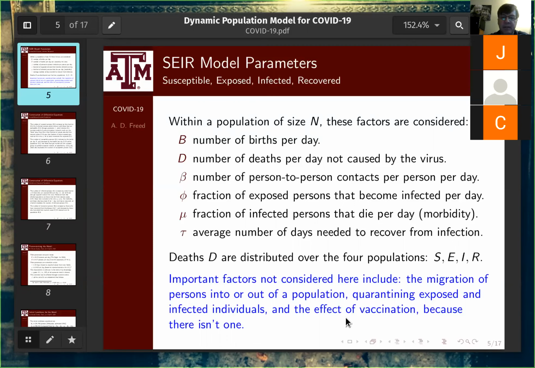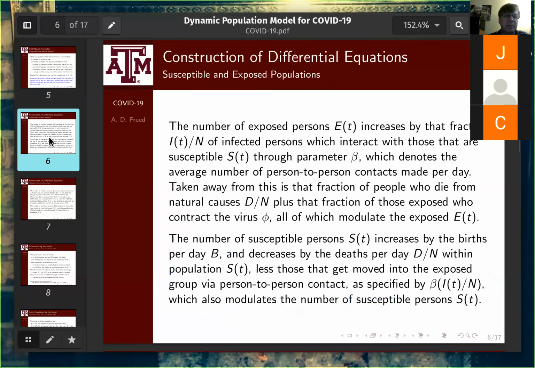And the other thing that's not in here, that is in the model that is published in Science, is the influence that vaccinations have on the population. And the reason why it's not included in here is because we don't have a vaccination right now. So it doesn't make sense.